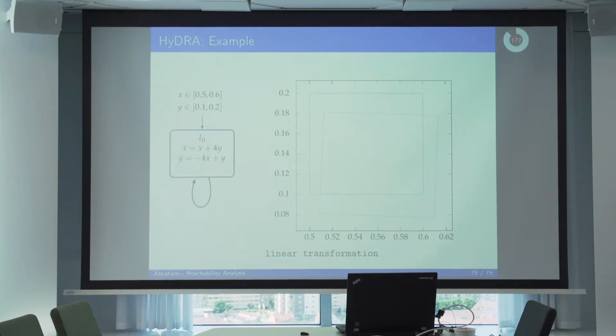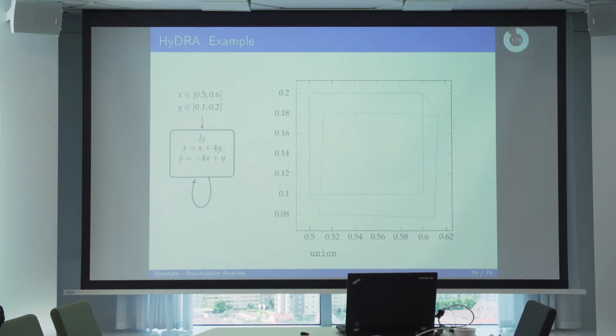So here's a hybrid automaton with a certain initial set. This is this one. And we have a linear differential equation set. If I apply the time transformation, this one is what you reach in exactly delta. Linear transformation according to the matrix exponential of this matrix, 1, 4, minus 4, 1.